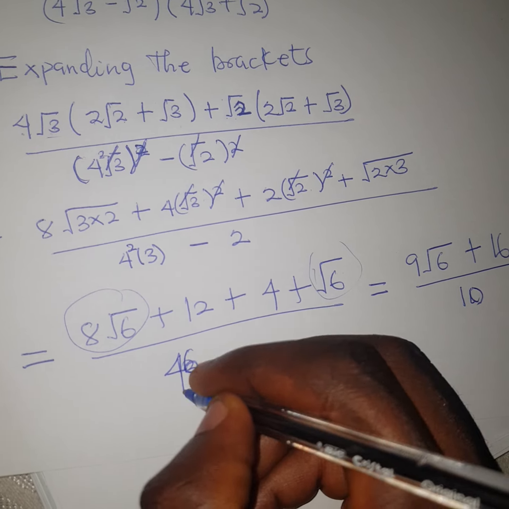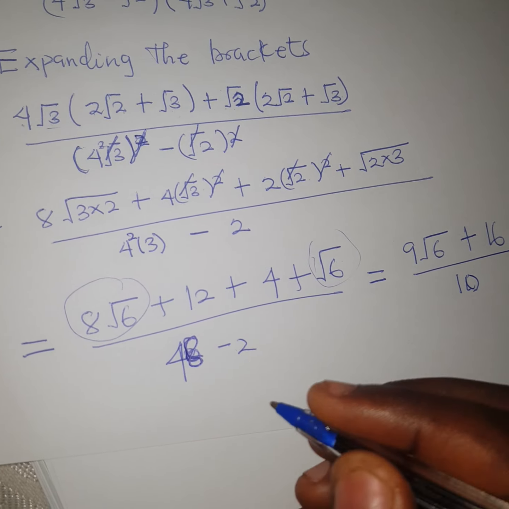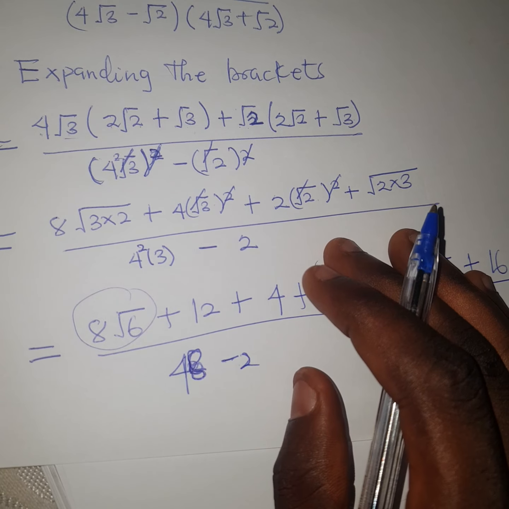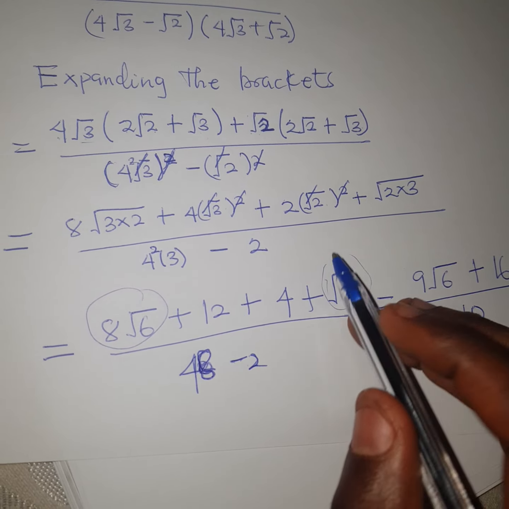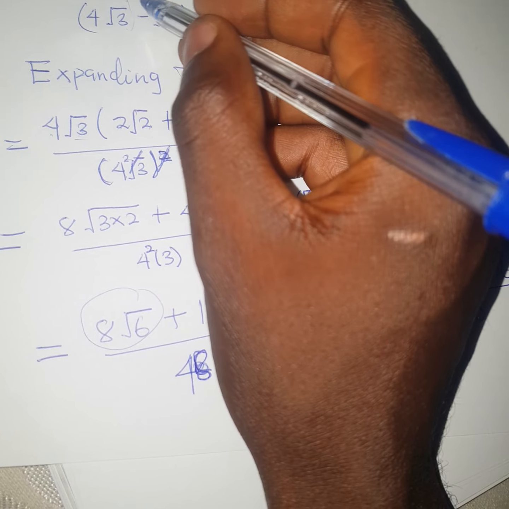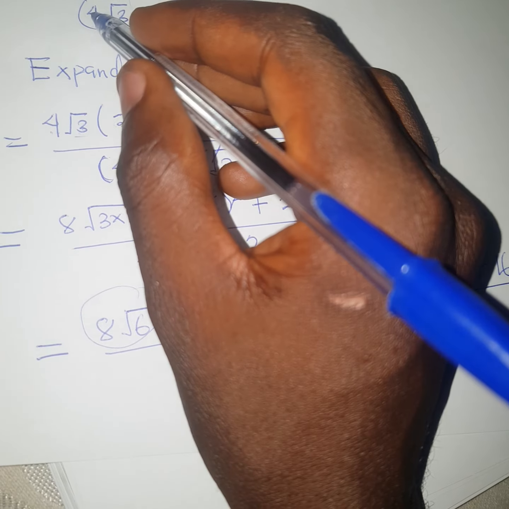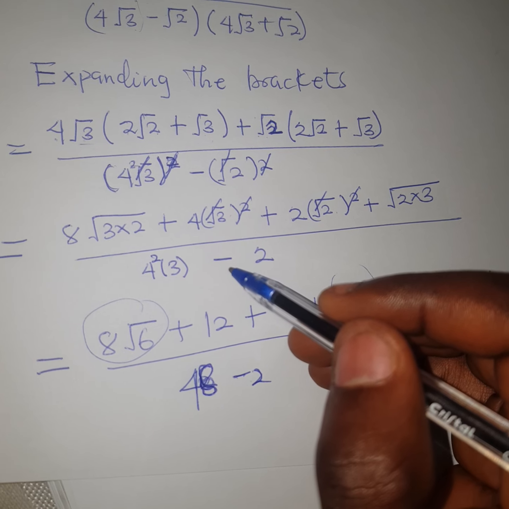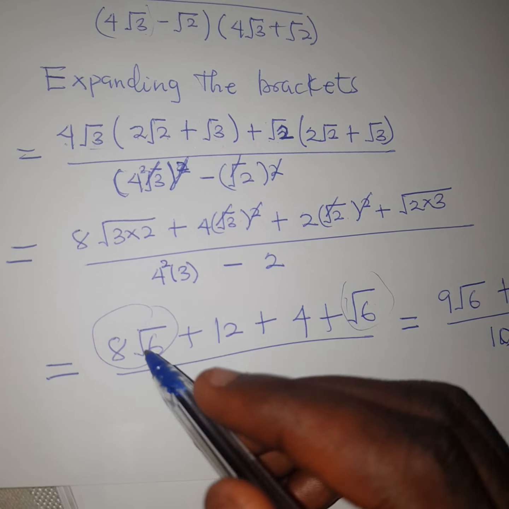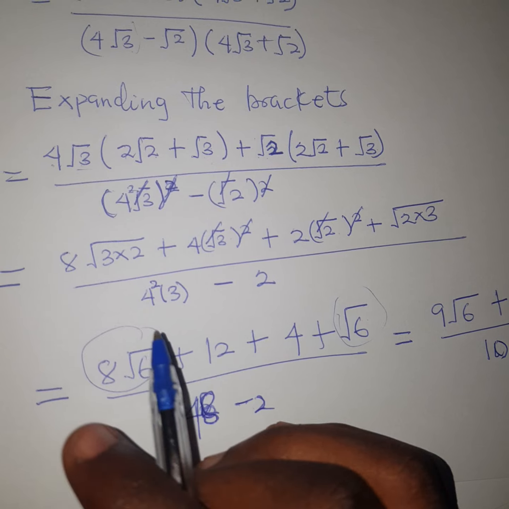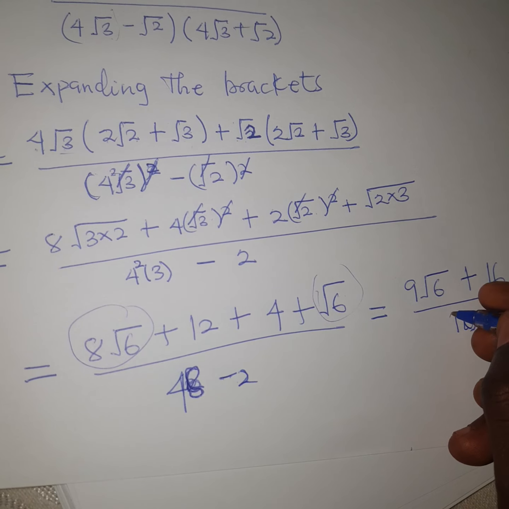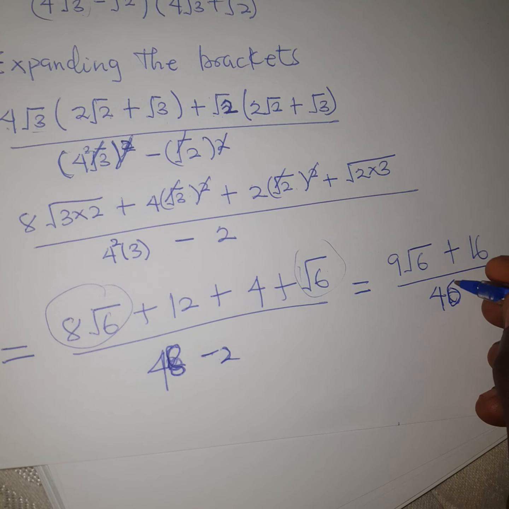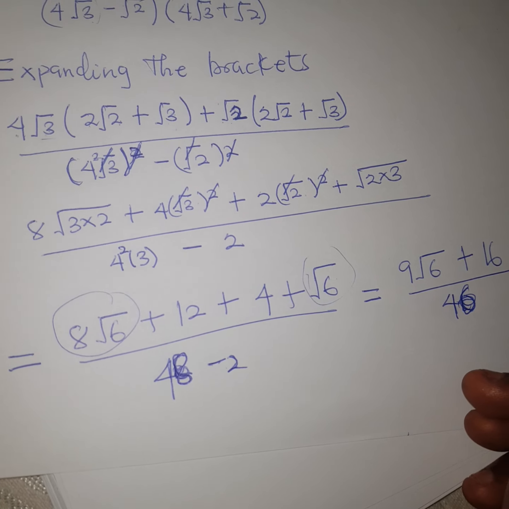So this is 48 and not 2. Please be very careful at the difference of two squares. When you square here, it affects both the 4 and the root of 3. It doesn't affect only the 4. So you don't leave it that way. So it will be over 46.